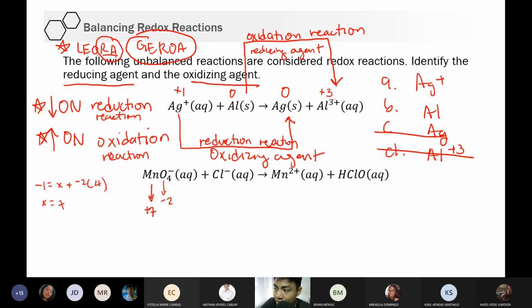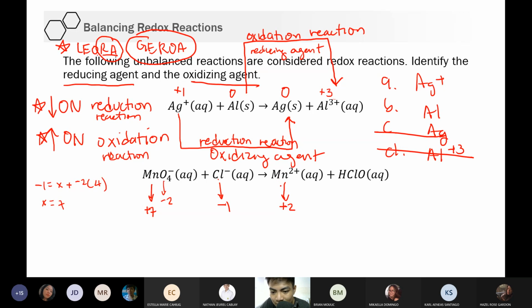So, Mn is 7. Oxygen, negative 2. Cl is monoatomic ion, rule number 2. So, negative 1. Mn2 plus, rule number 2. Positive 2. Bakit siya rule number 2? Monoatomic ion.